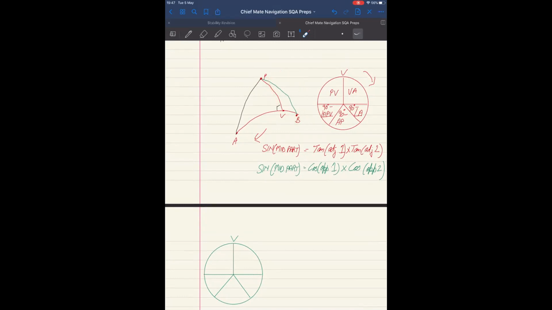So after V, the next thing which comes up is VP, then it is angle BPV, then it is PB, then it is angle B, then it is BV.